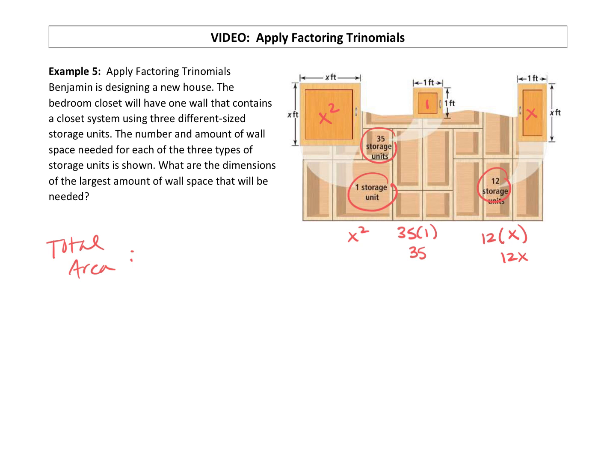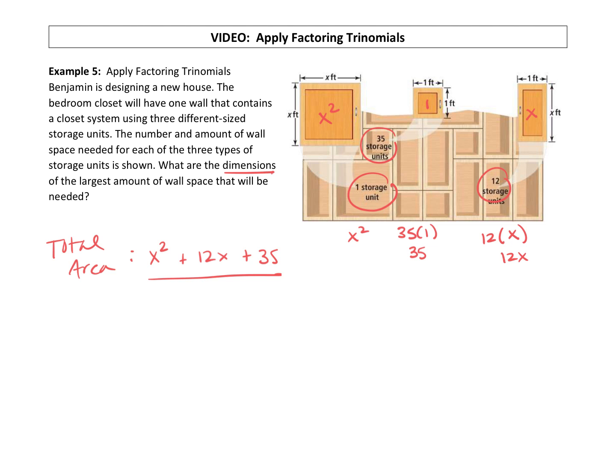We start with our highest exponent, which is X squared. Then we're looking for any X to the first power, so plus 12X, and then plus 35. So this trinomial represents the total area, the total amount of wall space that we're going to take up. Now the question is, what are the dimensions of that?